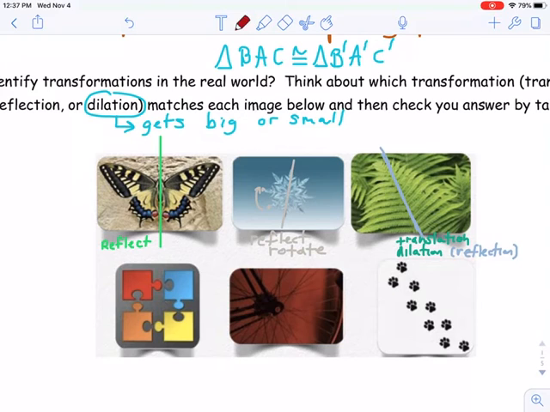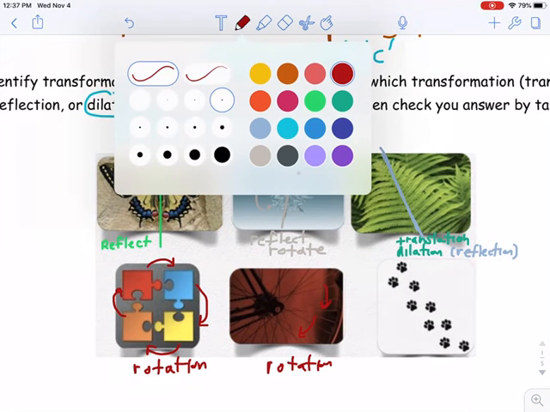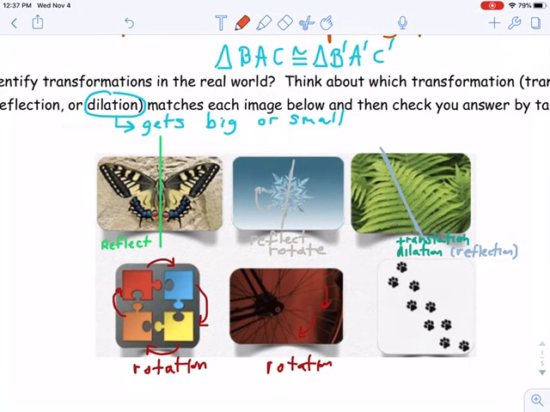These puzzle pieces are being rotated. I'm spinning them around. All right, so that's rotation. Similar with this bike wheel. That's how you make a bike go, you rotate, you spin. All right, and this next one is technically called a glide reflection, but we haven't learned that yet.